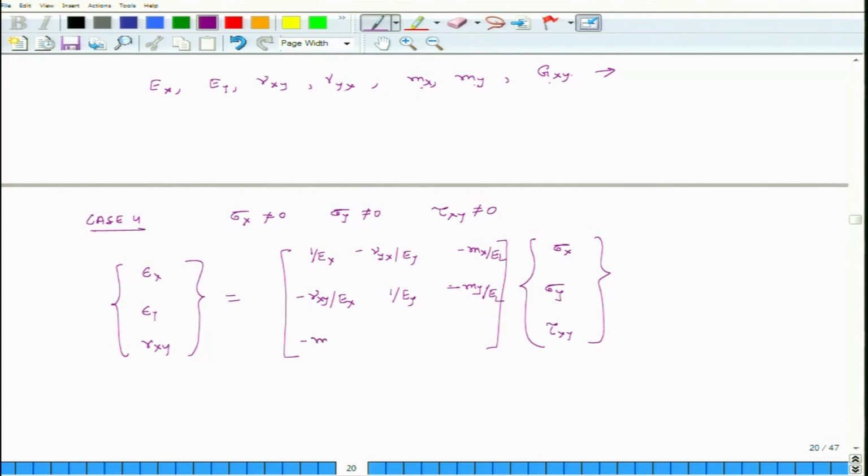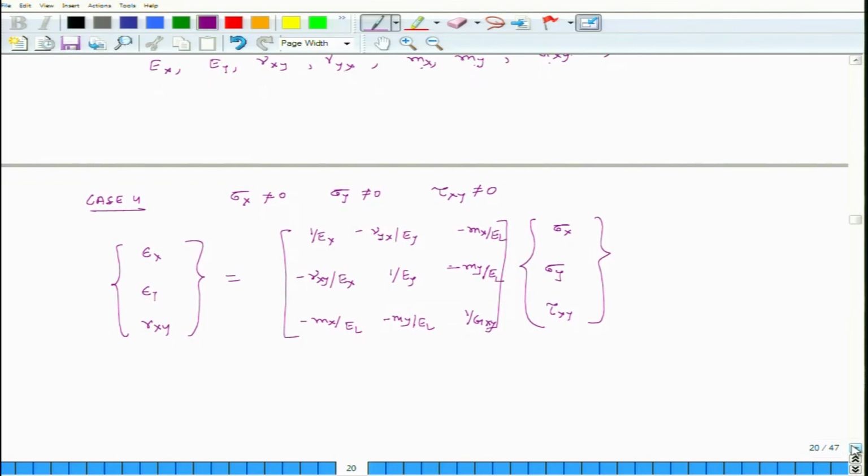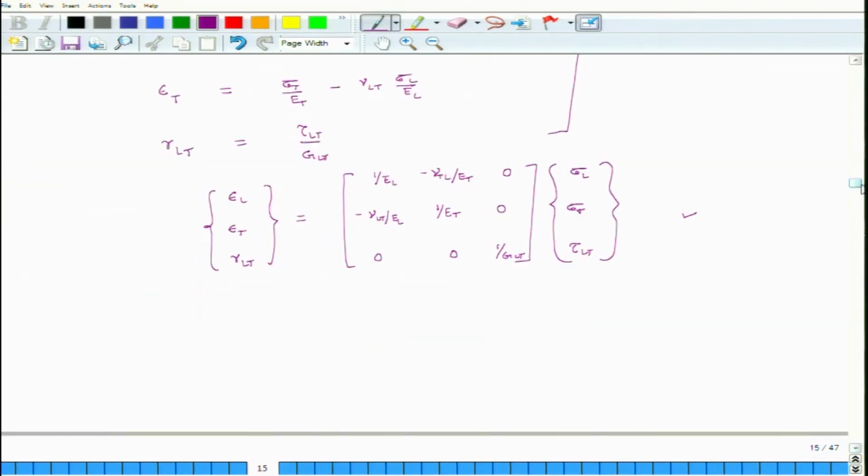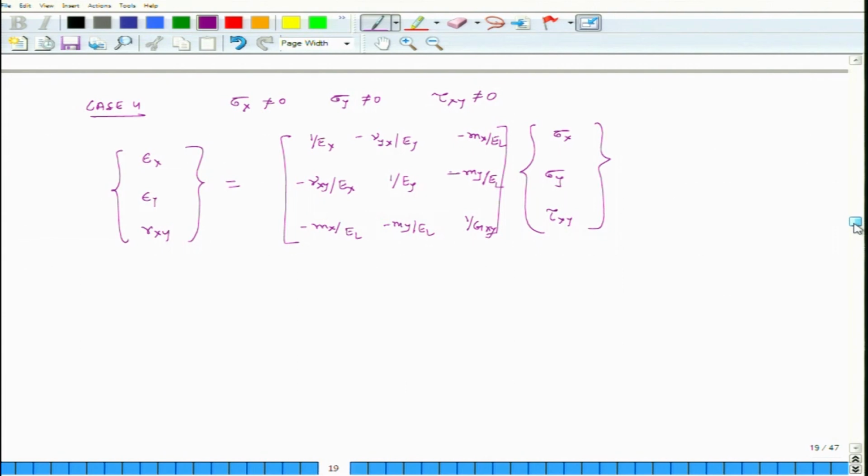And then we have mx divided by EL, minus my divided by EL, and lastly we have 1 over Gxy. So, these are the relations, and we are getting these just as we got the relations in the case of special orthotropy, by the principle of superposition.